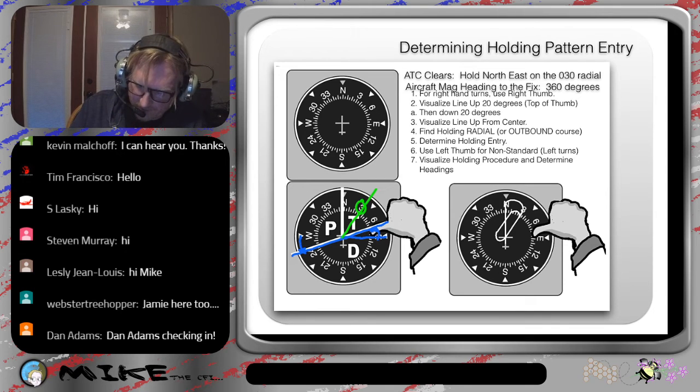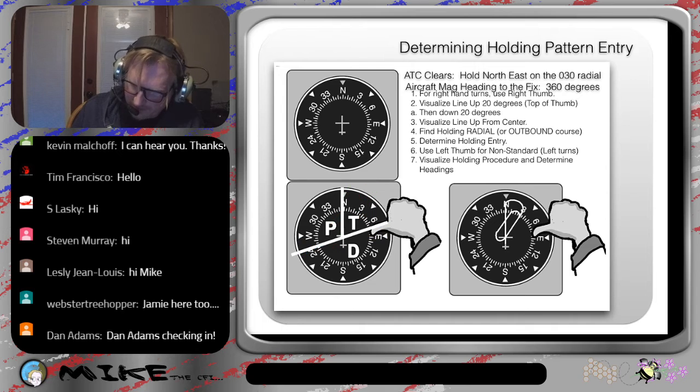So you just count 30 degrees, always towards the top of the heading indicator, and that tells you what outbound heading you want to be on. In this case, we would just cross the holding fix and continue outbound on a 360 heading, go out for a minute, and then make a right-hand turn to come back in and join into the holding pattern there.